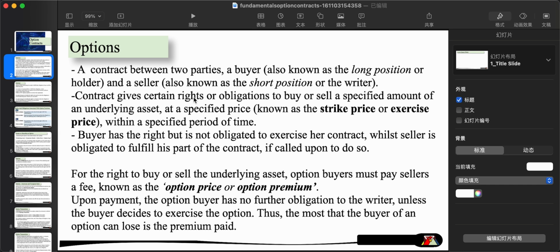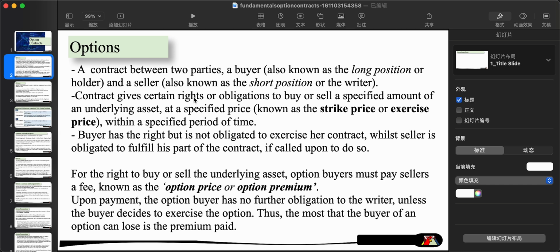For the right to buy or sell the underlying asset, option buyers must pay sellers a fee known as the option price or option premium. In our case, the 1% fee you paid that helps you secure the car price with the promotion is called the option premium.